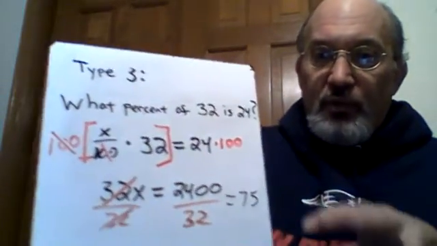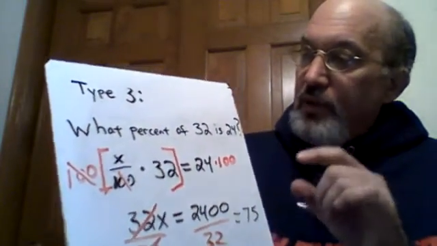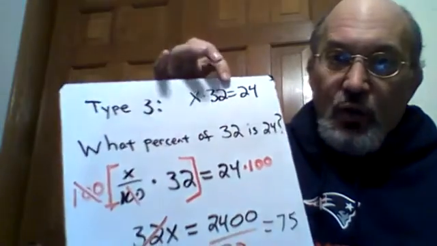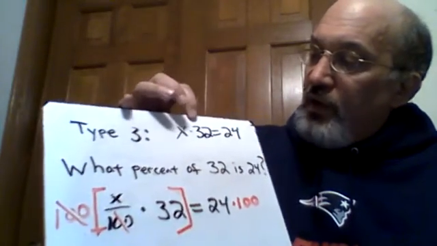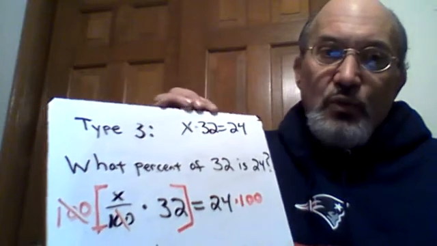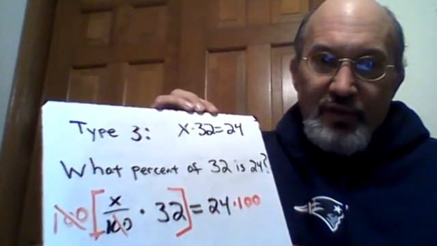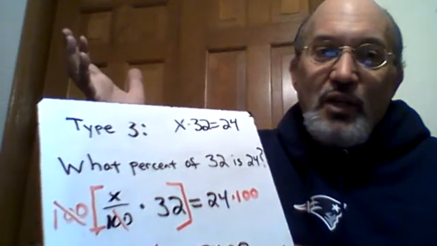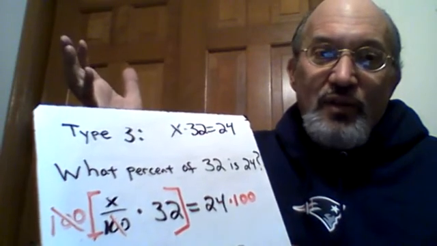Just one last point about this problem. If you had proceeded with x times 32 equals 24, I wrote this down earlier and suggested it's not quite right, but if you had written it that way, you would have gotten x equals 3/4, or x equals 0.75.